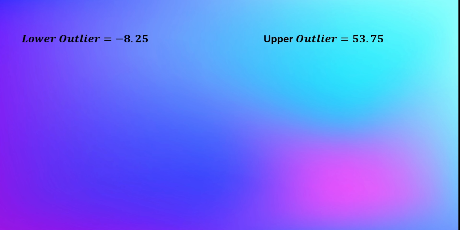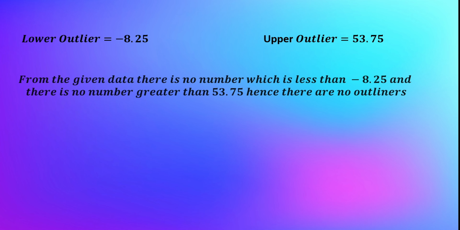Okay, so in this case, from the given data, there is no number which is less than the lower boundary, and there is no number which is greater than the upper boundary. Hence, there are no outliers.